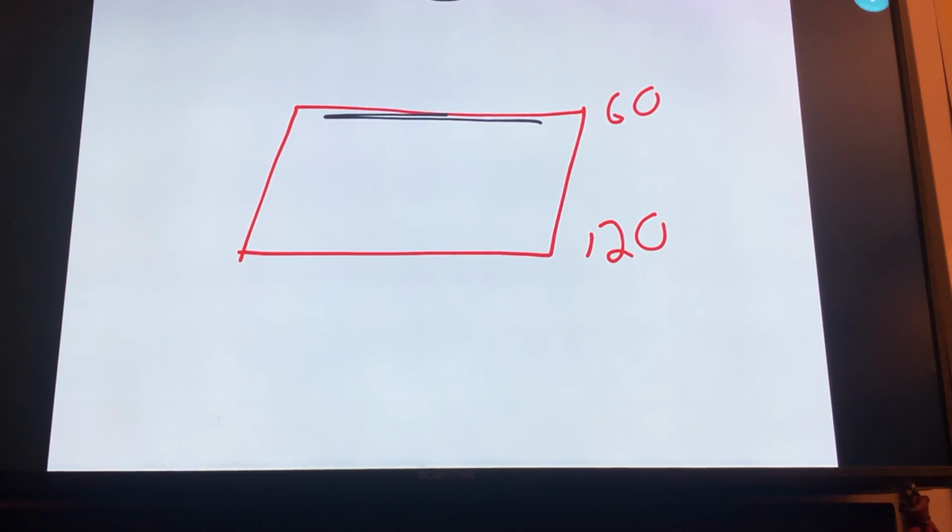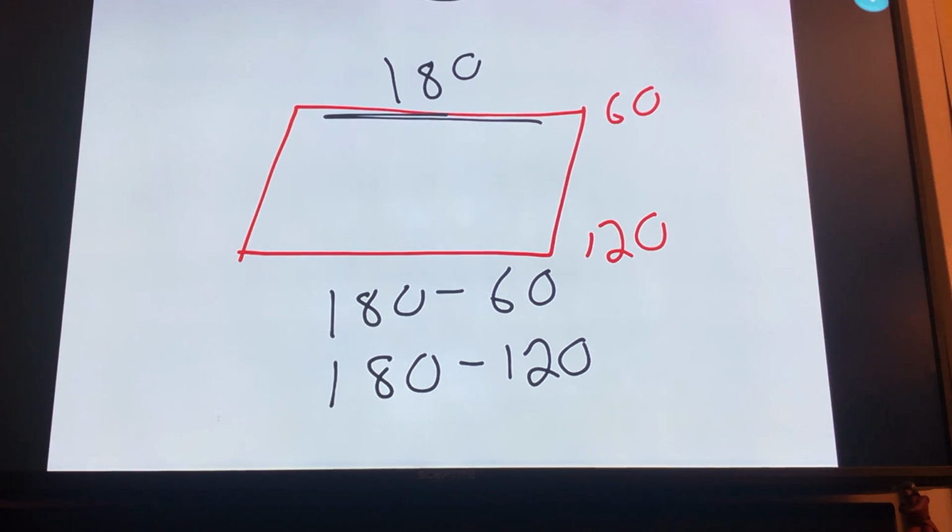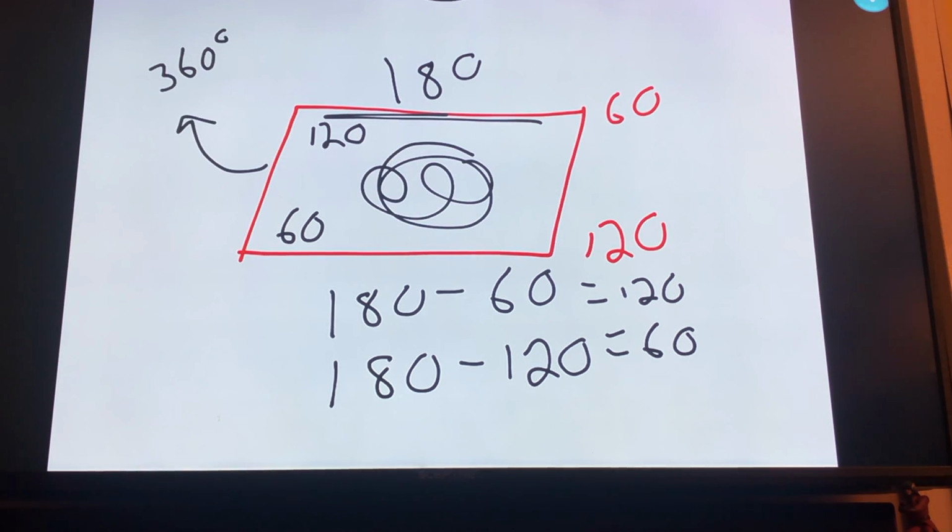So you take 180 minus 60, and you take 180 minus 120. So this would be 120, and this would be 60. And the sum of it should equal what? The entire thing should equal 360 degrees.